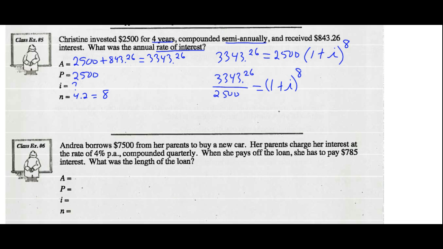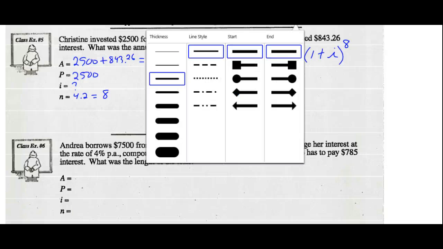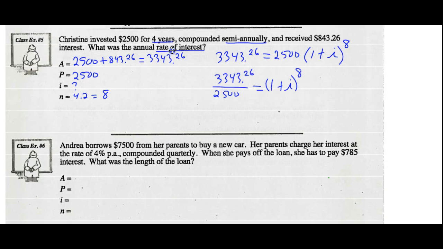Now how do I get rid of that exponent 8? Well, we've talked about how to do that already. We take both sides to the exponent 1/8. Do the same thing to both sides of this equation, and that will eliminate that exponent of 8 on the right hand side.